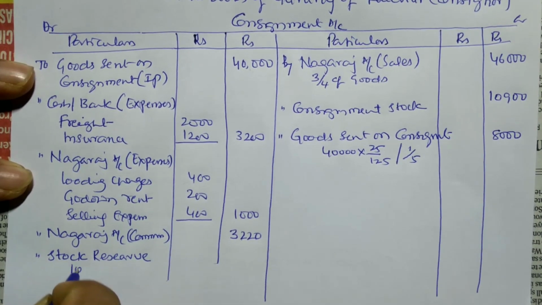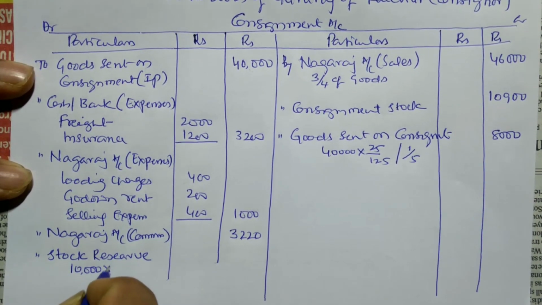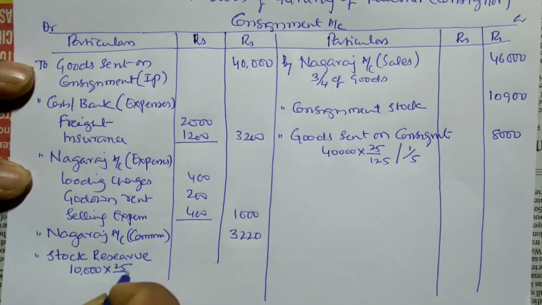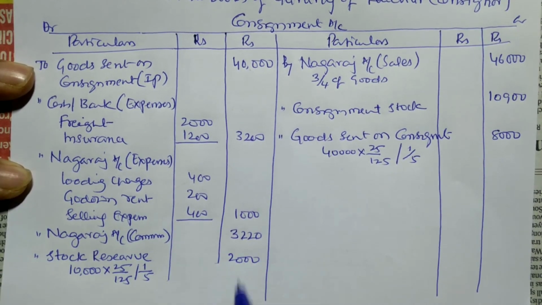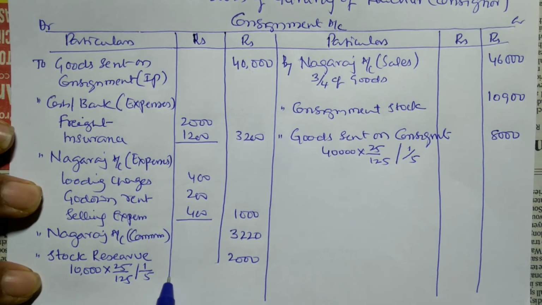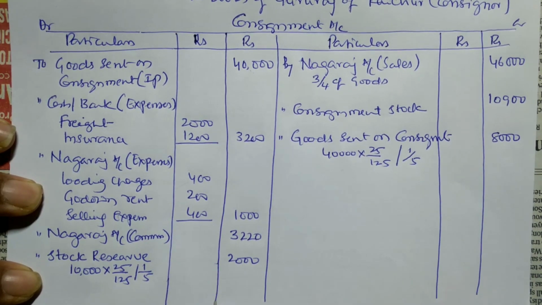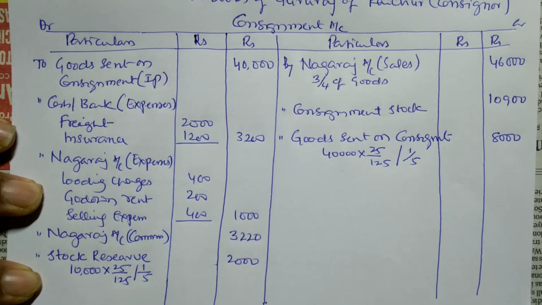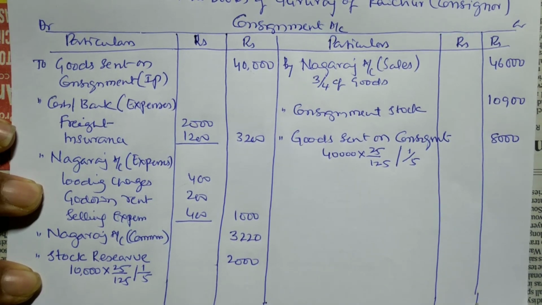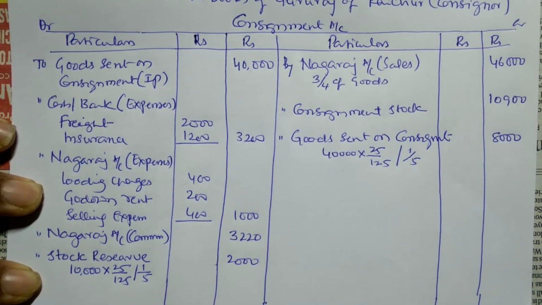Here 10,000 into 25 by 125, or 1 by 5, so it is 2,000. After cancellation of reserve and loading on goods sent, let us close the accounts.